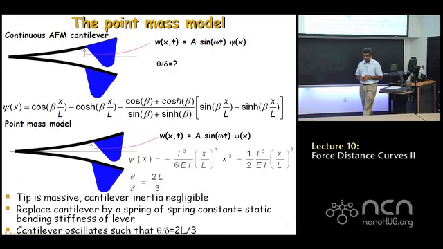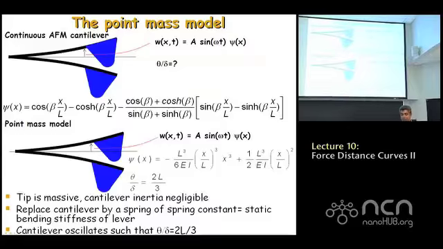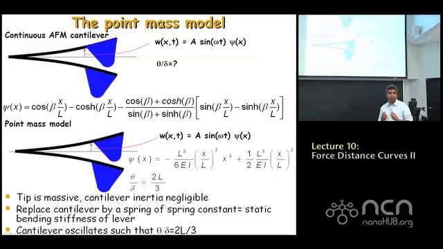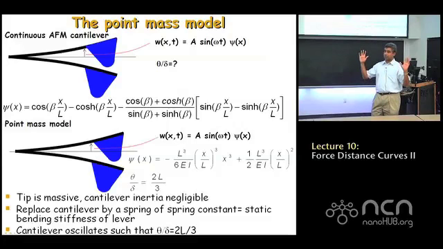This is the point I was trying to raise, that if you look below, when you try to think of, okay, well, we're going to move to dynamic AFM, how are we going to think about modeling it? Historically, the first model that came out was a point mass model. And the whole idea of the point mass model is, let us assume that the cantilever is basically a spring, okay?